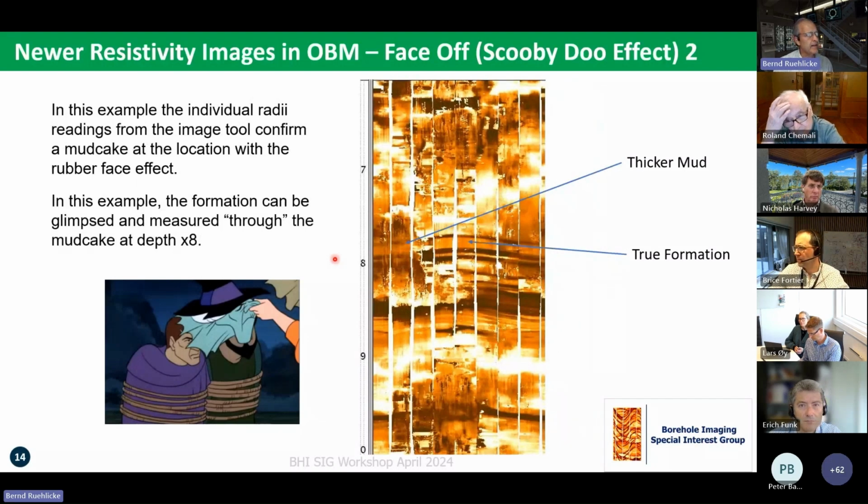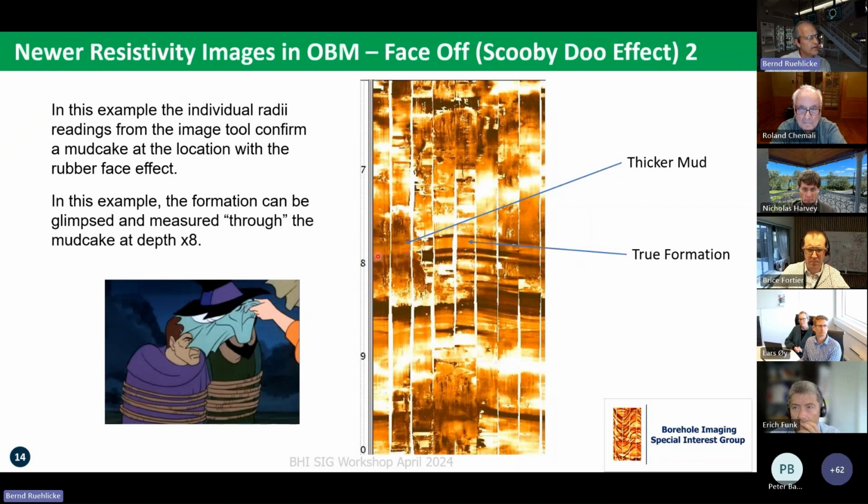This is exactly the same effect where we can see at depth 8x8 a chunk of something which you would not know exactly what it might be, but this is actually a mud cake. And if you look, I hope the image is very good, you can see that the formation can be looked through the image.